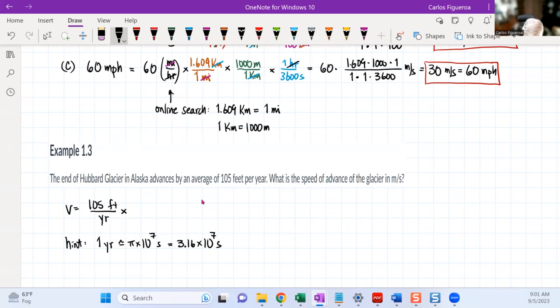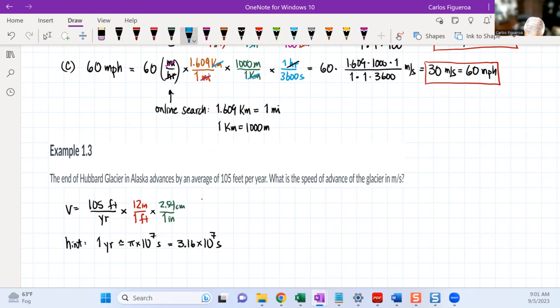The first thing that I'm going to do here is convert feet. 1 foot is the same as 12 inches. Then I know that inches has to be 1 inch for every 2.54 centimeters.